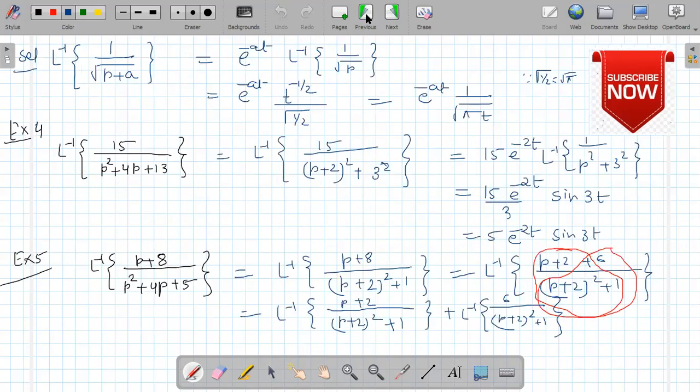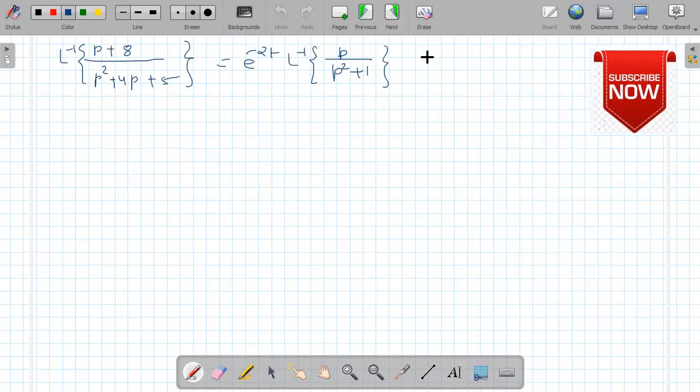And next one is e raised to power minus 2t Laplace inverse of 6 upon p square plus 1.